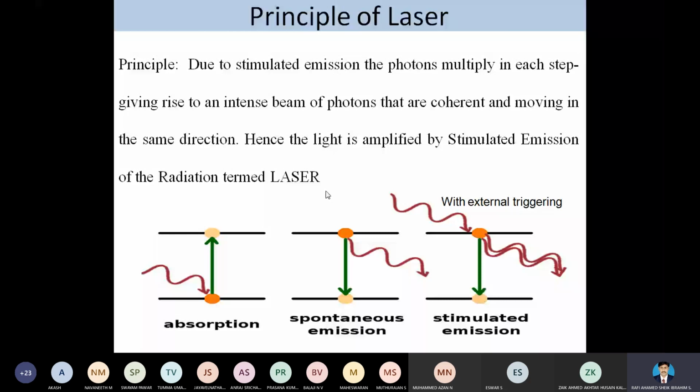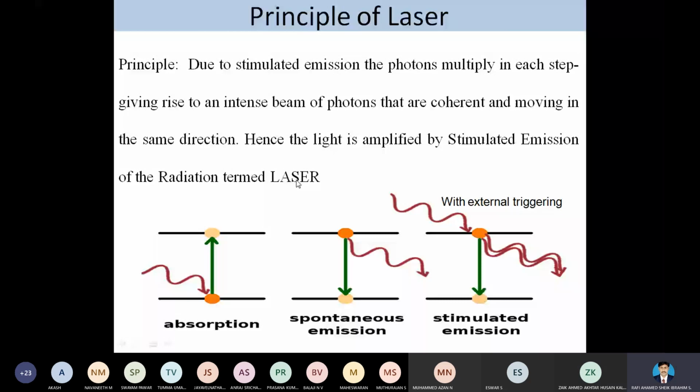It is very easy. From the name itself, it is mentioned. We know the acronym for laser: light amplification by stimulated emission of radiation. So this stimulated emission is the principle of laser action.